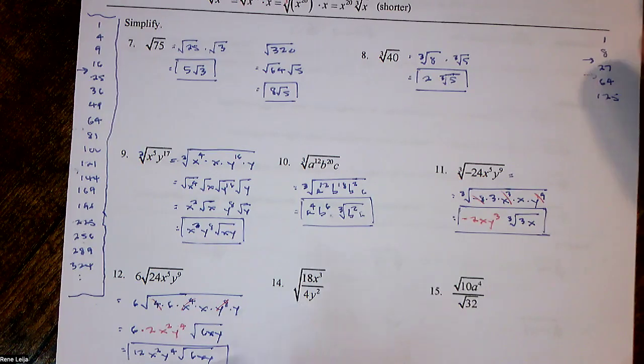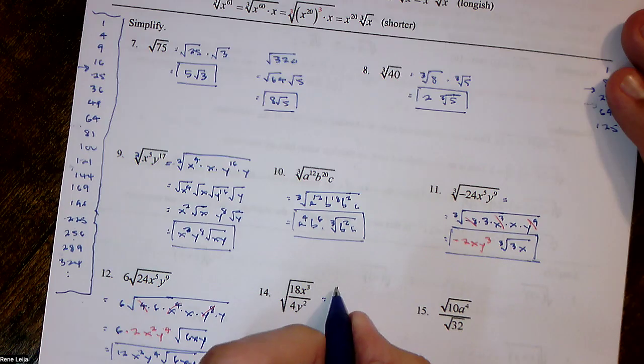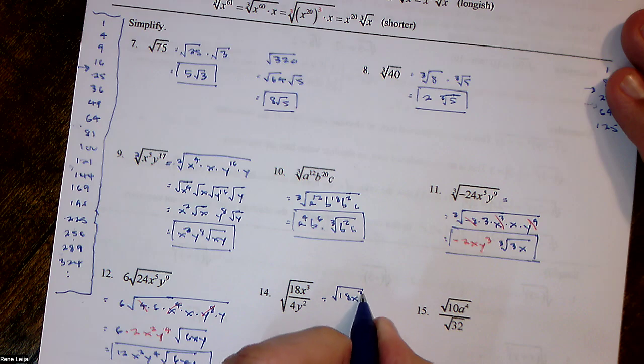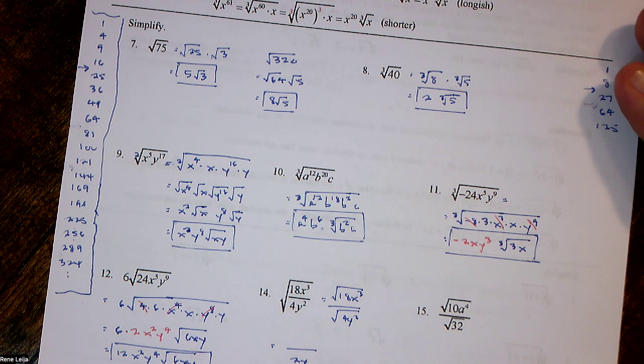So what I would probably do is go ahead and break this apart and say the square root of 18x cubed over the square root of 4y squared. Now, in the denominator, that's a perfect square, so that's just 2y. In the top, we need to break apart the 18.